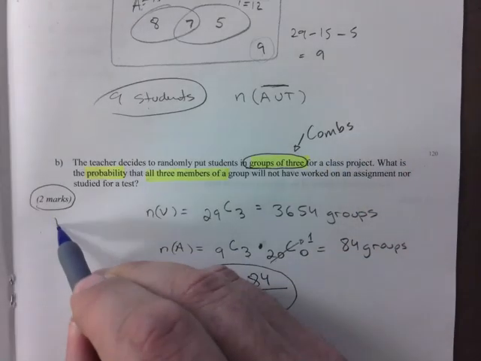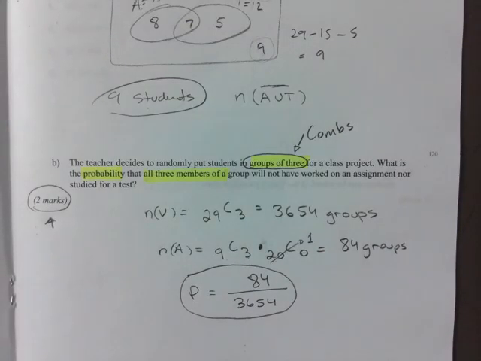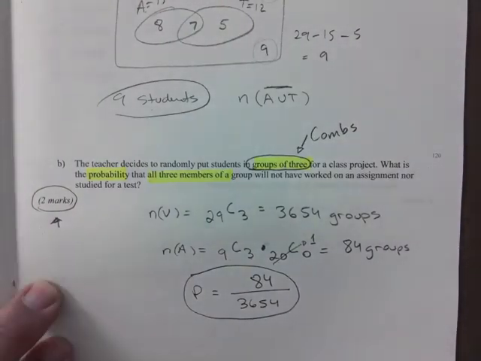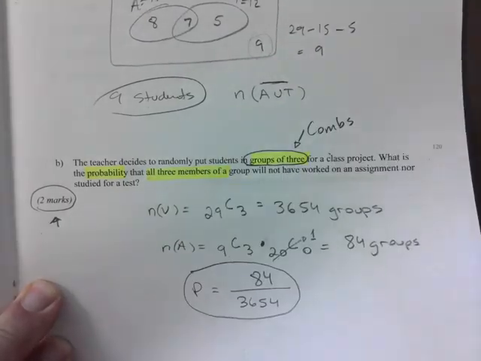And the fact that it's a 2-mark question is taking it to another level. So if it just asks what's the probability of getting a student that didn't do either one of them, it'd just be 9 over 29, end of discussion, move on. Okay? All right. Keep going.